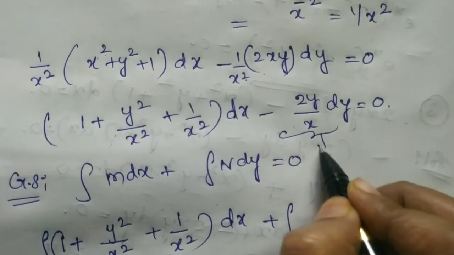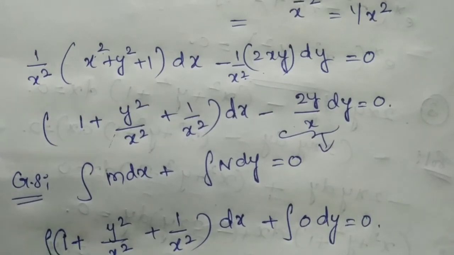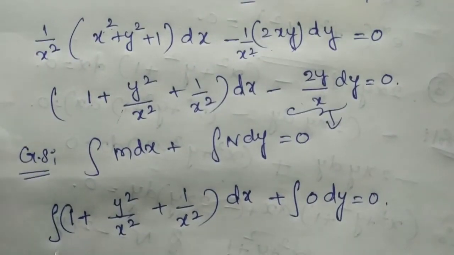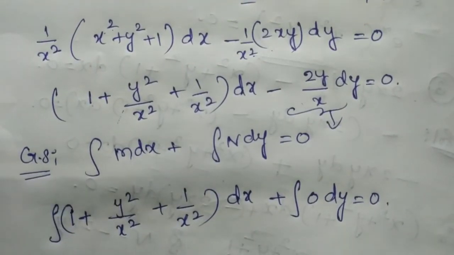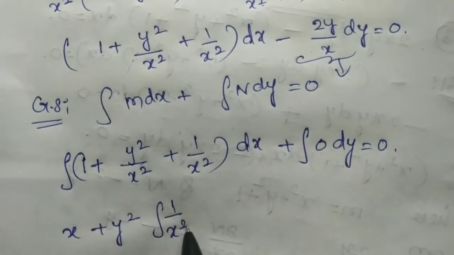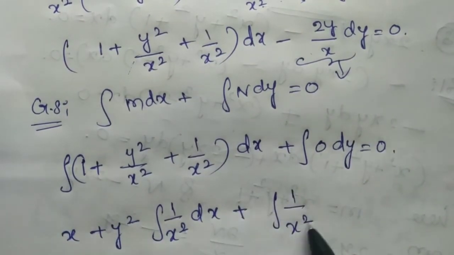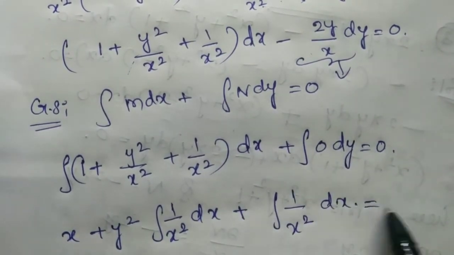So here n contains x term, so only y terms of n count, and that value is 0. So integration of n dy equal to 0. So integration of 1 dx is x plus y square into integration of 1 by x square dx plus integration of 1 by x square dx equal to c.